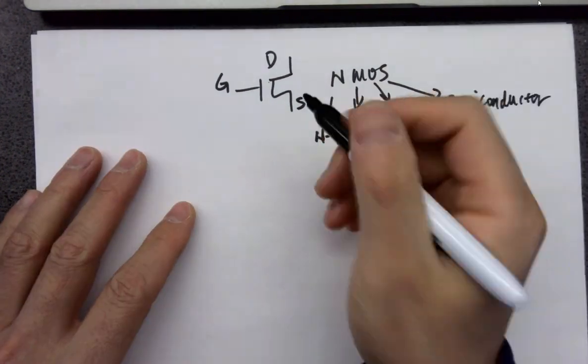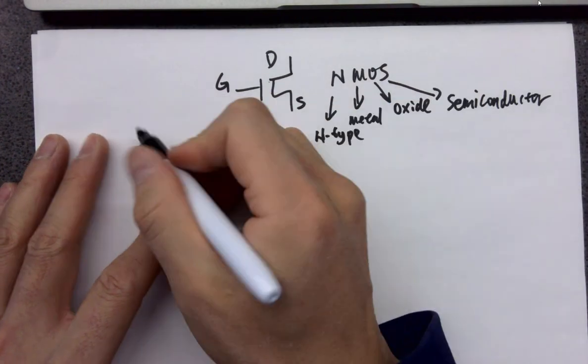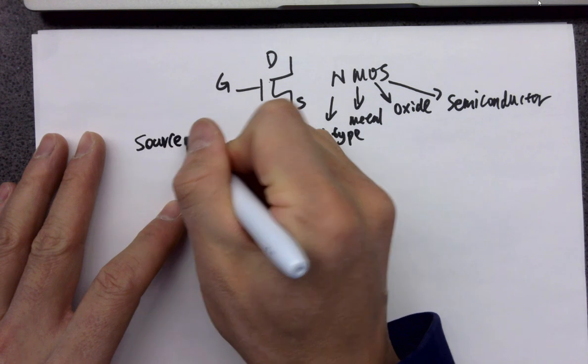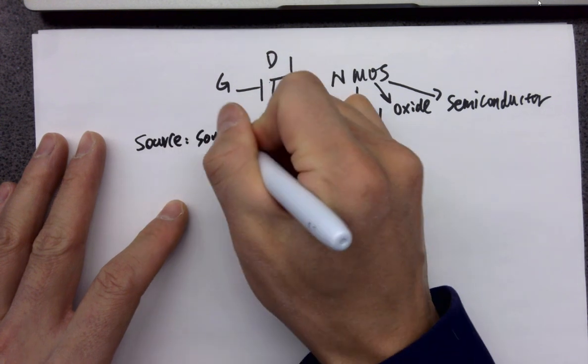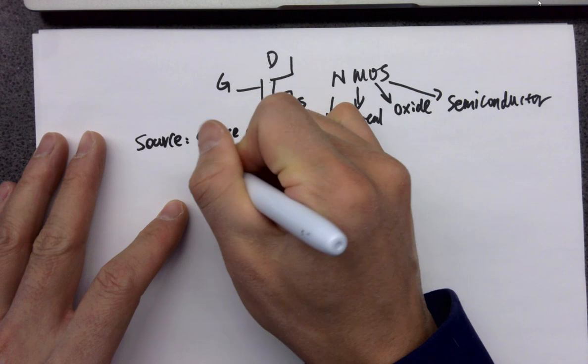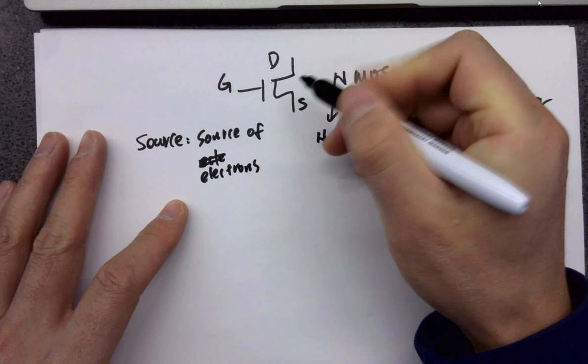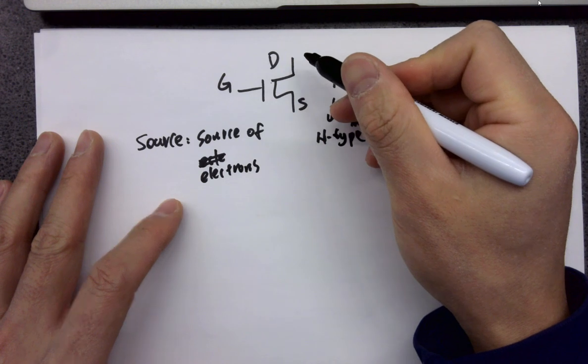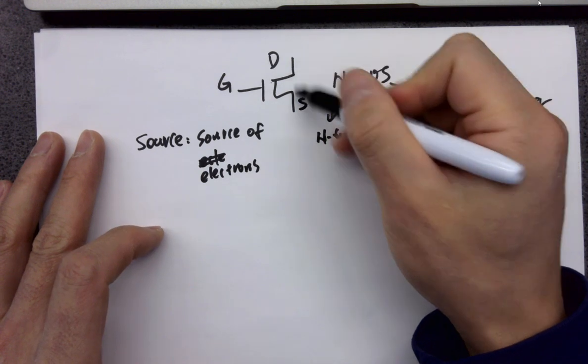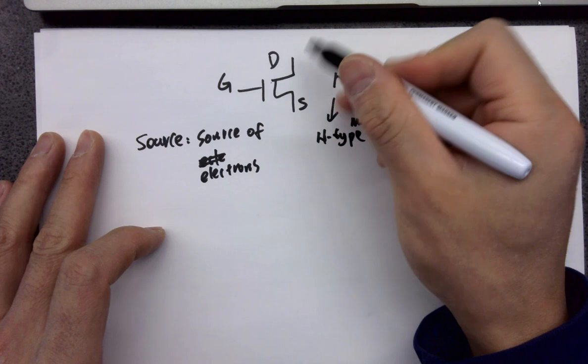So source means the source of the electrons. So electrons flow from the source to the drain, draining electrons from the source.